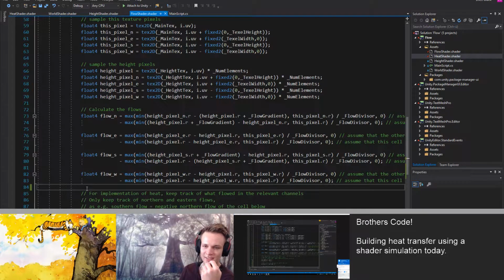This is just a really complicated little expression here. So height pixel is the total height of all elements in the cell. Okay.